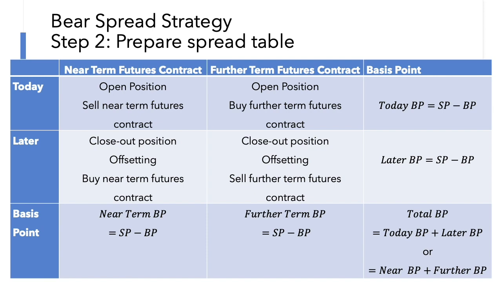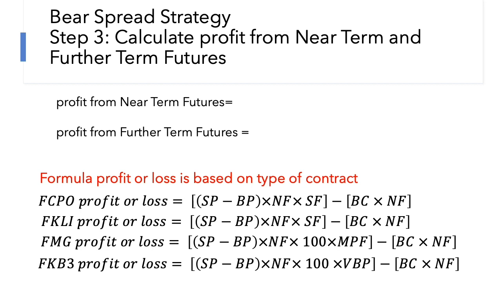The formula is selling price minus buying price, and then you total up in the last box of the table. Either you add today's basis point plus later basis point based on the time, or you base it on the contract, near-term basis point plus further-term basis point. So this is step number 2.